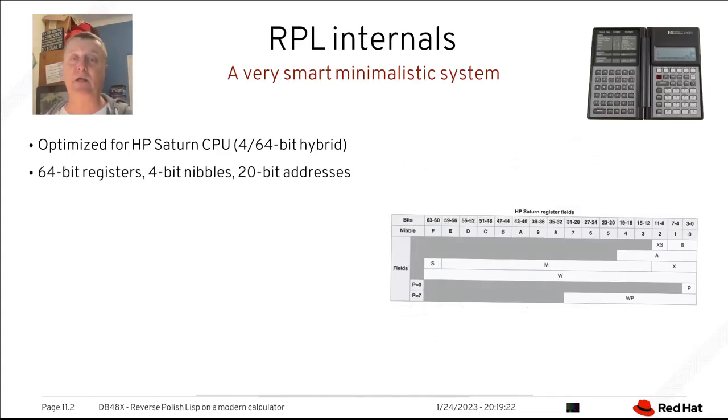And so you have 4-bit nibbles that you can address individually in memory. Addresses are 20 bits, that's 5 nibbles. And the 64 bits in the register can be addressed in a variety of ways that correspond to a BCD representation of floating point. So for instance, the X field is for exponent, the M for mantissa, the S for sign.